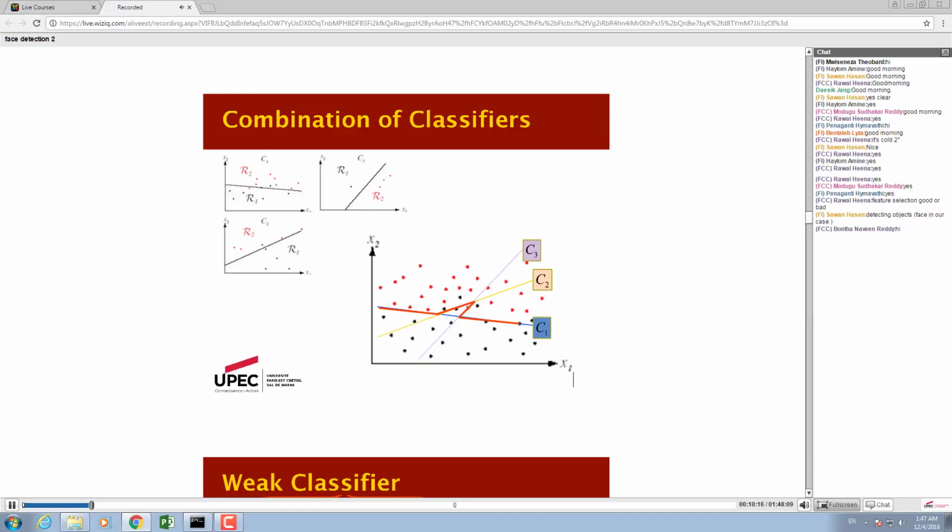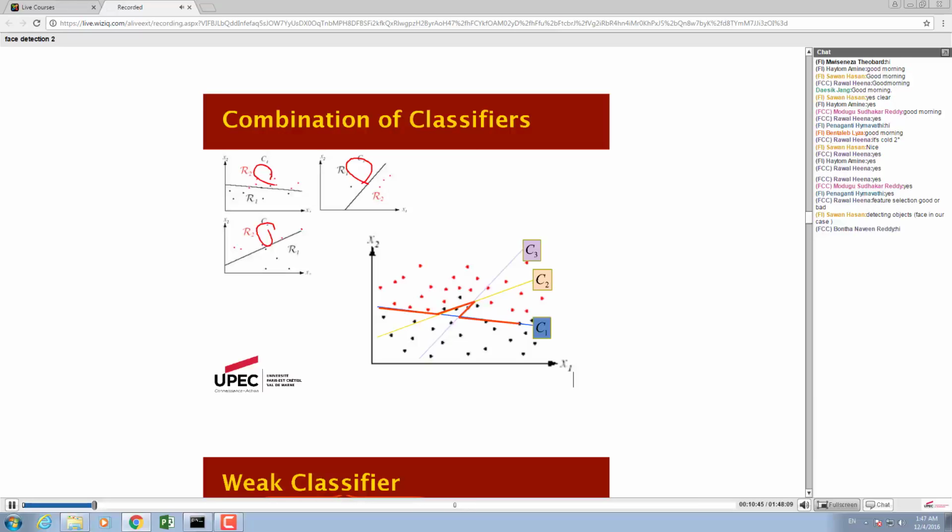Every graph, C1, C2, C3, represents a different single classifier. Again, red dots mean positive samples, and black dots mean negative samples.